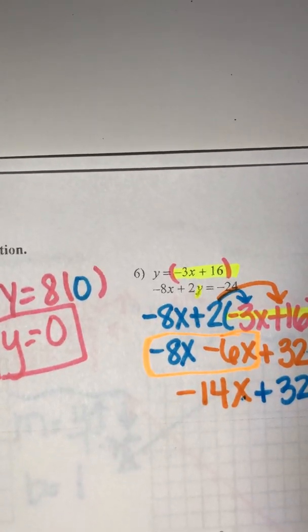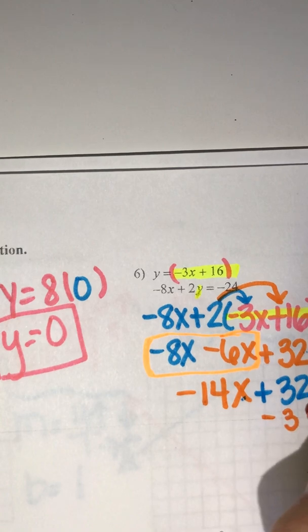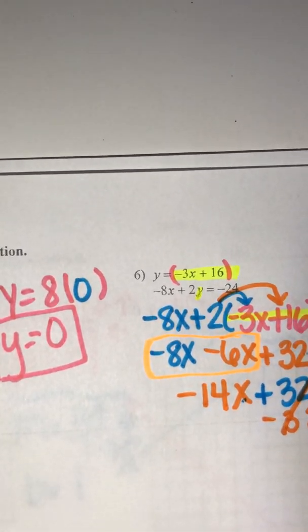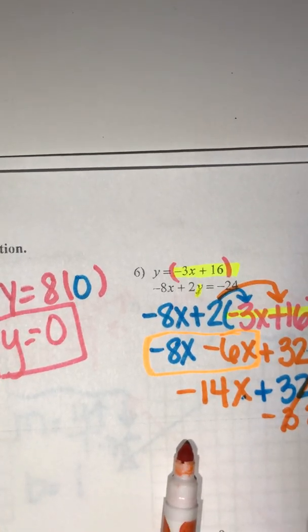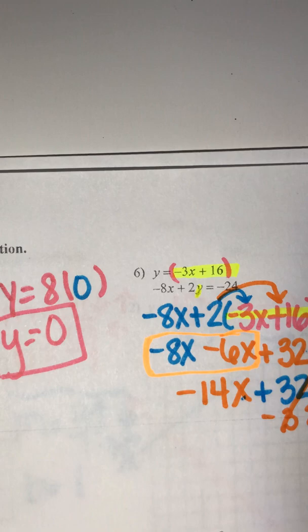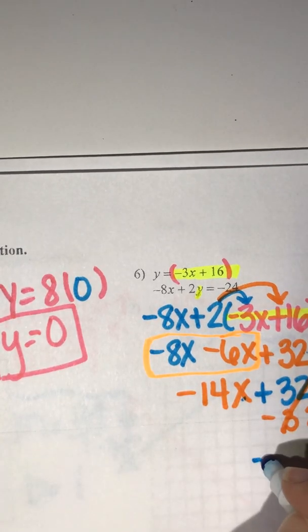Next step is to subtract 32 on both sides. These cancel. And I'm equal to negative 56. And I'm going to drop down my negative 14x.